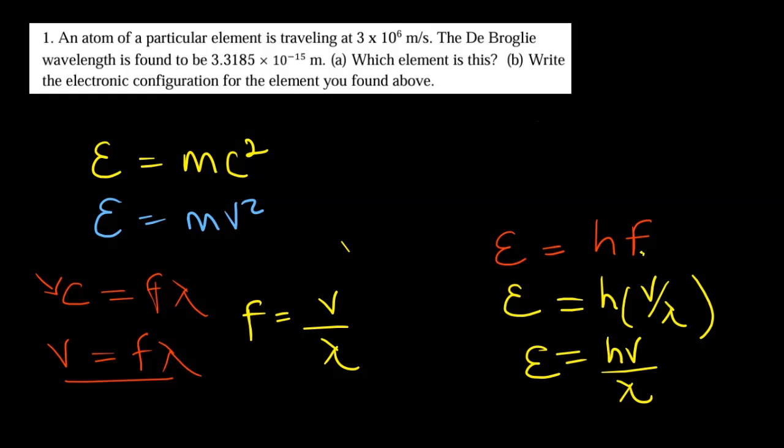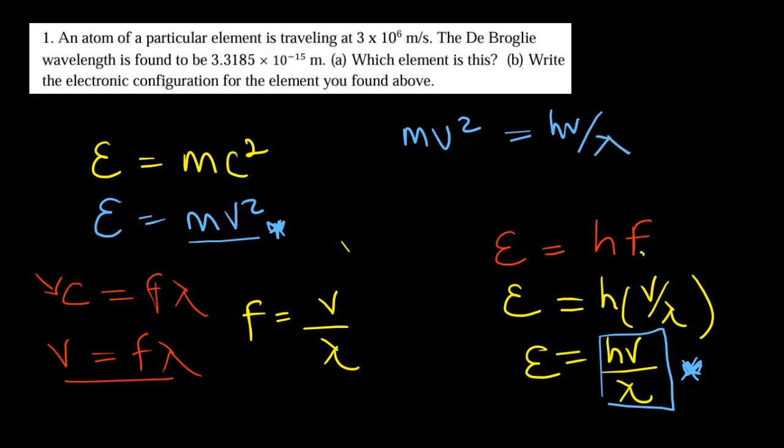So if energy is equal to mv squared, and energy is also equal to this, we can equate the two in order to obtain an equation that can help us find the mass of a particle. So mv squared is equal to hv divided by the wavelength.